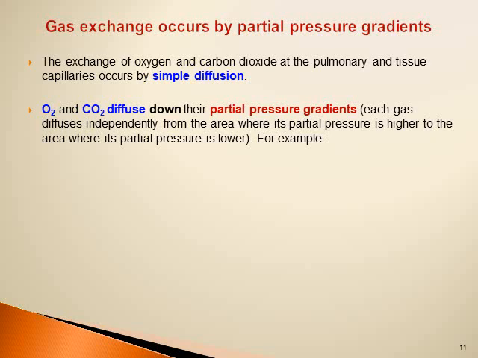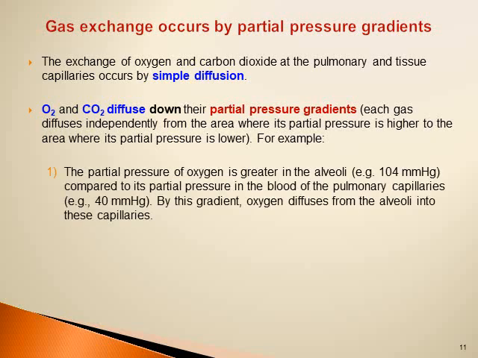Each gas diffuses independently from the area where its partial pressure is higher to the area where its partial pressure is lower. For example, the partial pressure of oxygen is greater in the alveoli. It is about 104 millimeter mercury compared to its partial pressure in the blood of the pulmonary capillaries, which is 40 millimeter mercury.